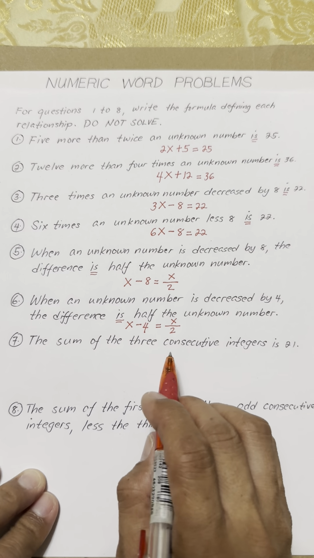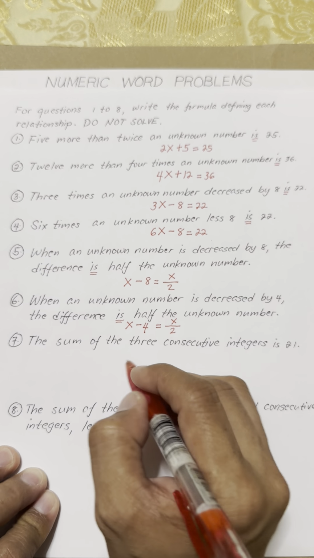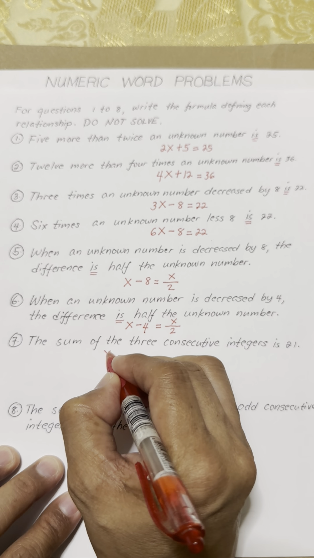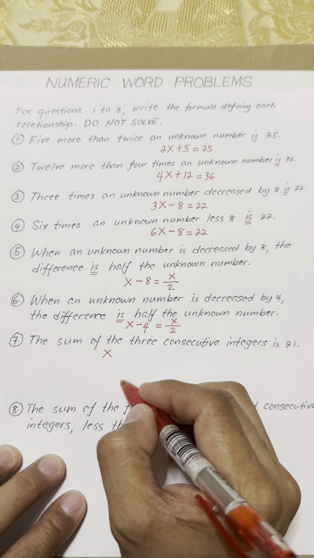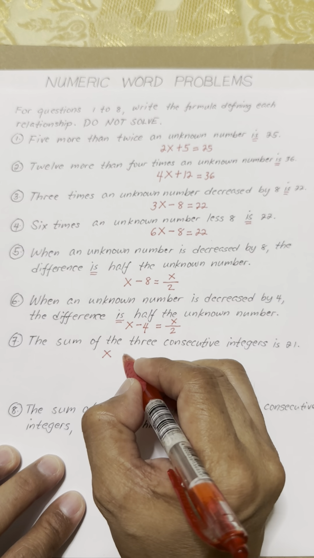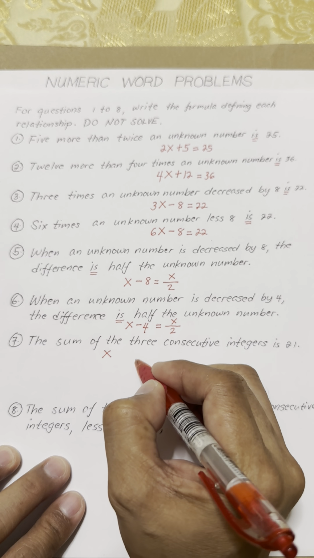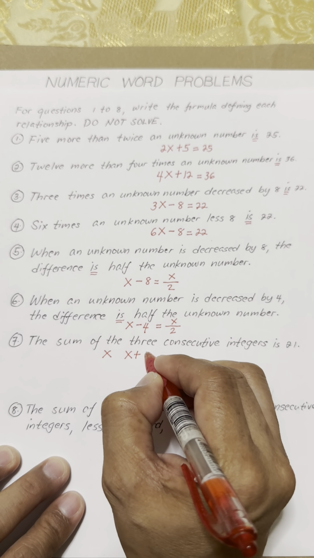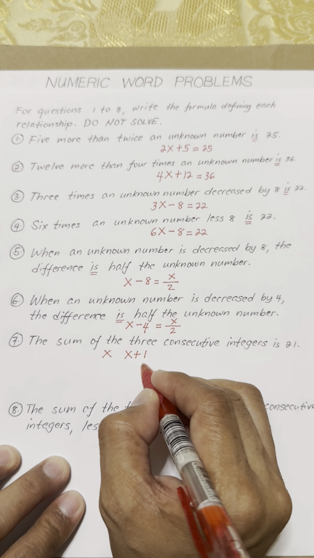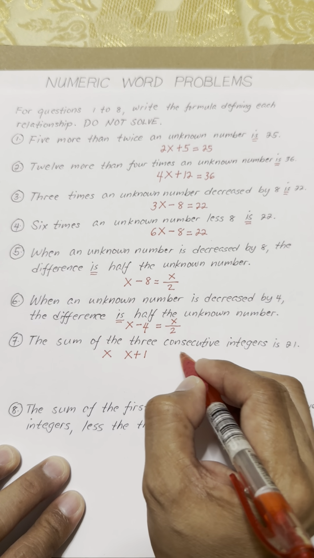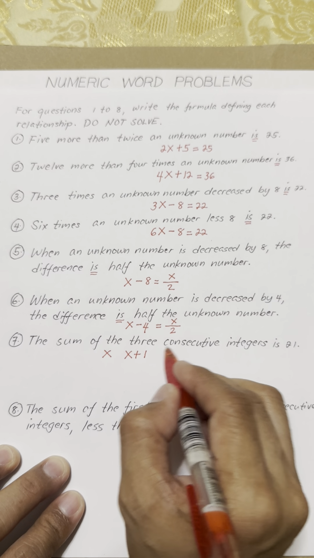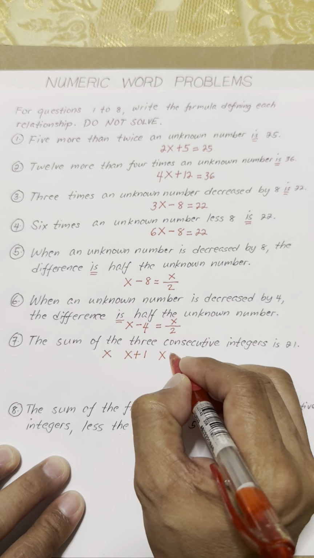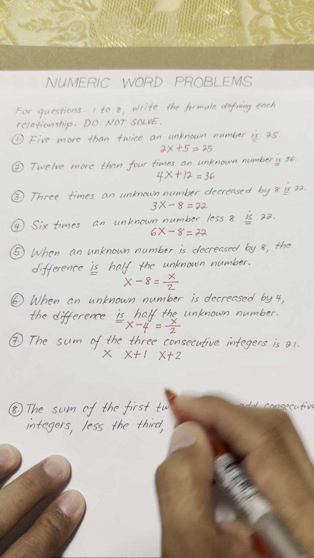It means that the pattern or the format that we're going to use is this one. x as the first integer, and the next consecutive integer is x plus 1. So this is our second integer. Then there are 3 consecutive integers, so the next integer is x plus 2.